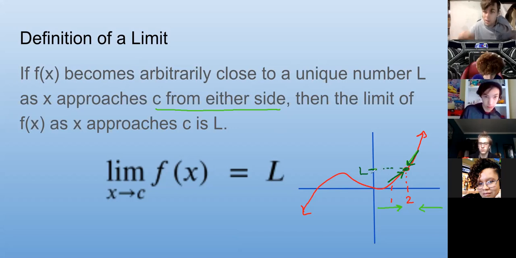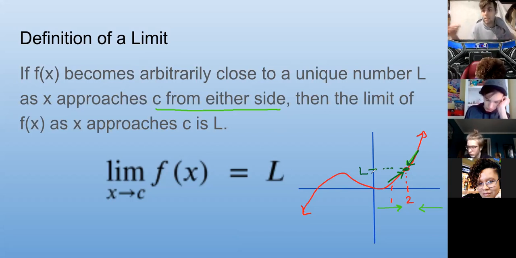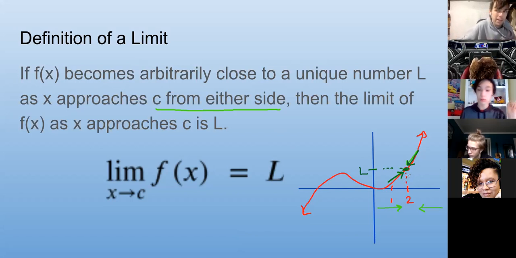So the limits are going to be the y values as we approach a certain x value on our graph. Now, not all of them are going to be this easy. Sometimes our graphs are going to be doing weird stuff. Sometimes they might have holes or asymptotes or all kinds of stuff going on, but this is a fairly basic limit, and looking at what happens to it and how we think about what a limit is and what we mean when we say as x approaches a certain value.